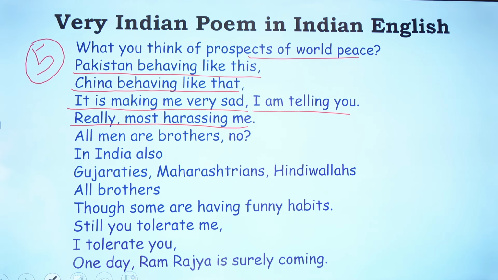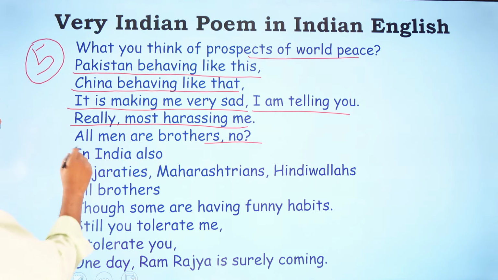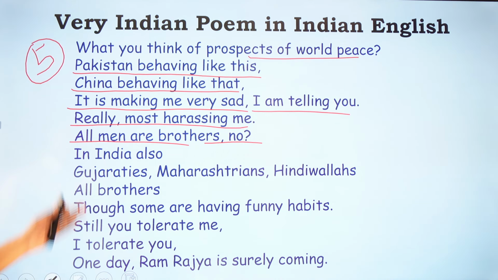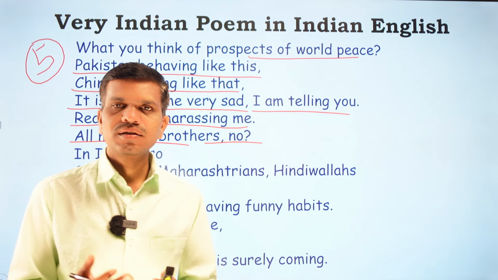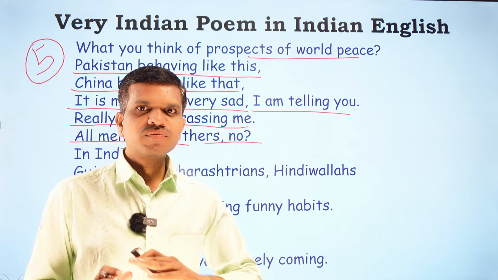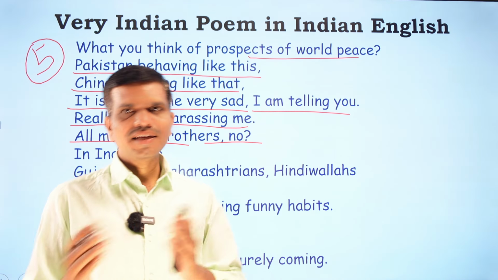All men are brothers. No. Now again, here the placing of "no" is an expression of Indian English. All men are brothers. So we all are brothers and sisters in India also, and he is just providing us the examples of India, how India is united in variety, how we have various kinds of things geographically, culturally, socially, economically.